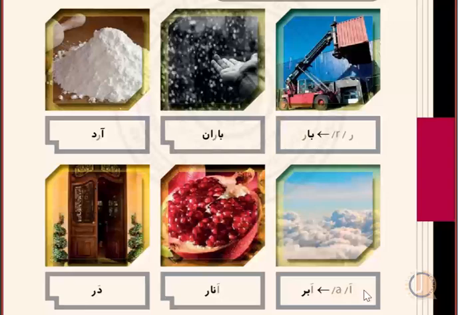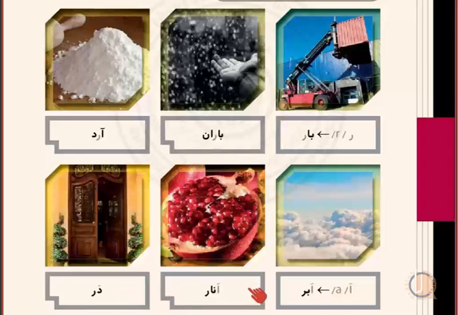So one of them was a and the other one is a. Next one is anar, pomegranate. And then dar. As you see here, a can sit above other letters. At the beginning position, it stands alone. In the middle position, when it is not the first sound that we hear, it sits above other letters.